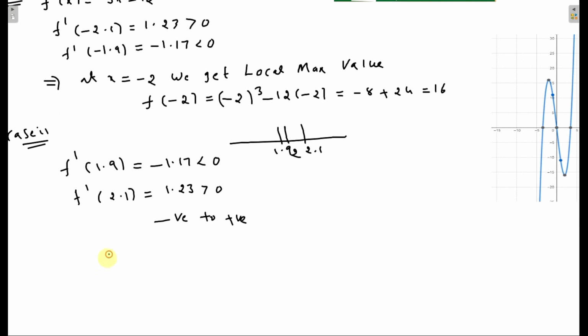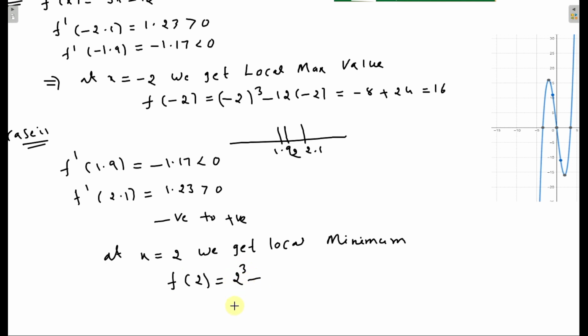So at x is equal to 2, we get a local minimum, and that is given by f of 2. Now substitute in the given function. This is 2 cube minus, our function is x cube minus 12x.